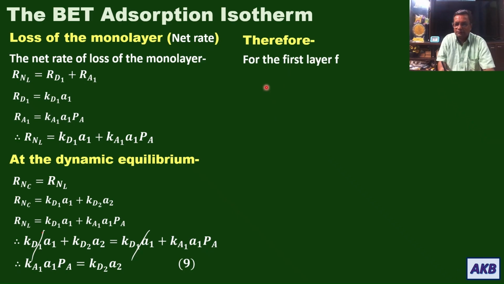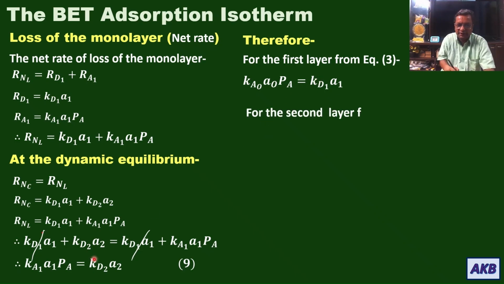Therefore, for the first layer that forms on the surface of the adsorbent, we have equation number 3, which we got earlier. What is that equation? Ka0 into A0 into Pa, that is equal to Kd1 into A1. So that means the rate of adsorption on the empty surface is equal to the rate of desorption of the monolayer.